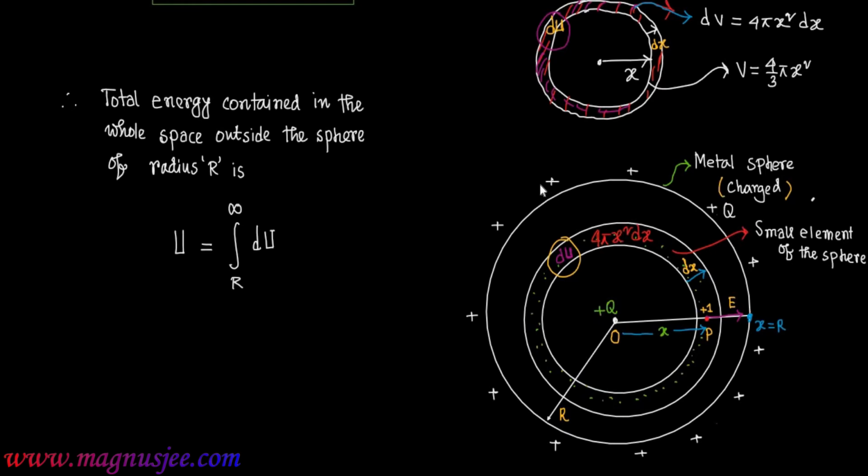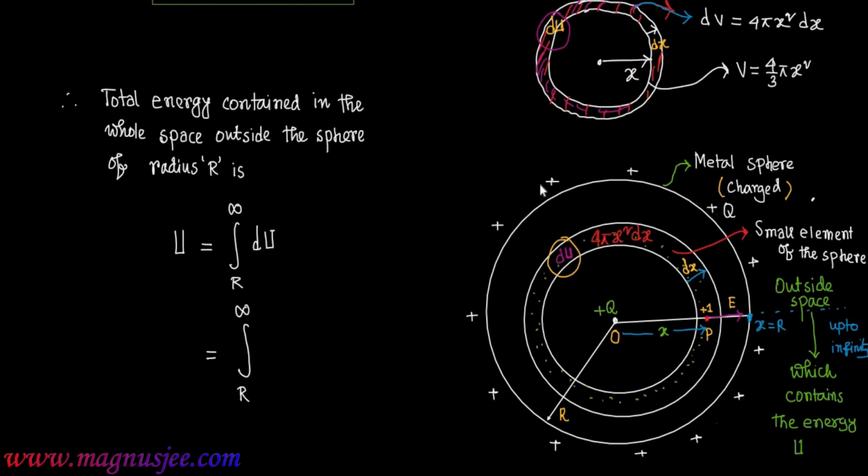The integration is done from x equal to R to infinity, and this space contains this energy U, equal to the integration from R to infinity of 1/(8 pi epsilon 0) q squared by x squared dx.